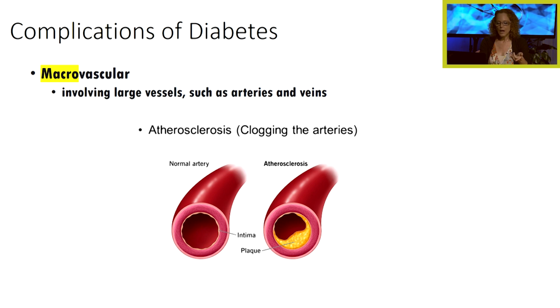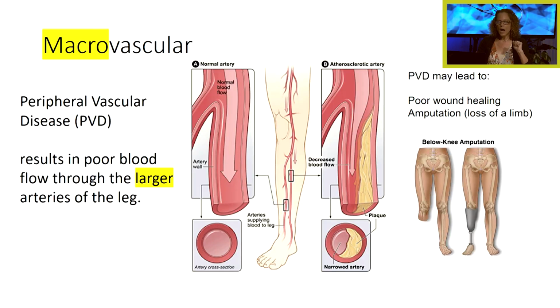And we're talking about larger vessels such as the blood vessels in our leg. Here in this example, we see that peripheral vascular disease, or PVD, results in poor blood flow through the larger arteries of the leg.